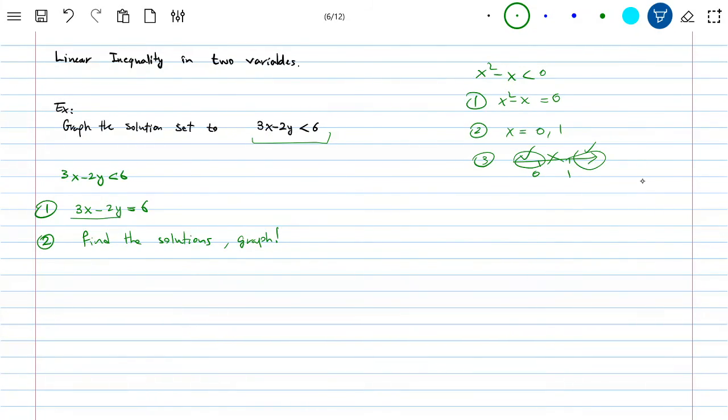But what is the solution to this equation? 3x minus 2y equal to 6. This is the equation of a straight line. So we want to figure out where that straight line is, 3x minus 2y equal to 6. You can figure out what y is.